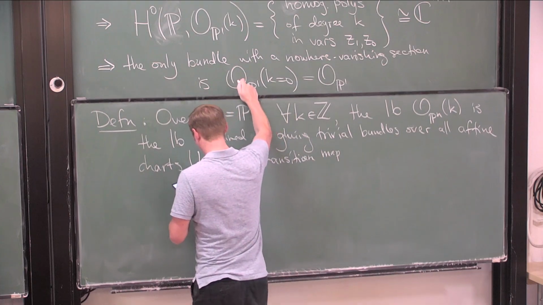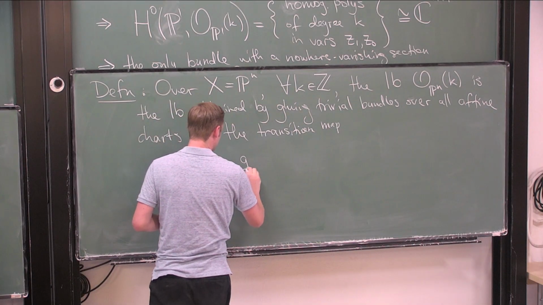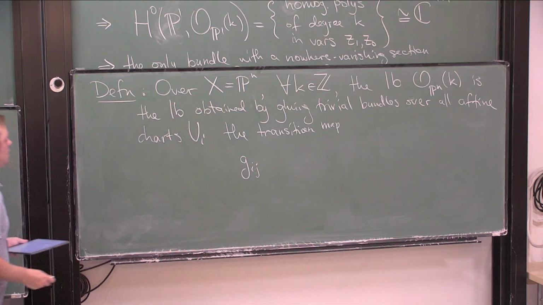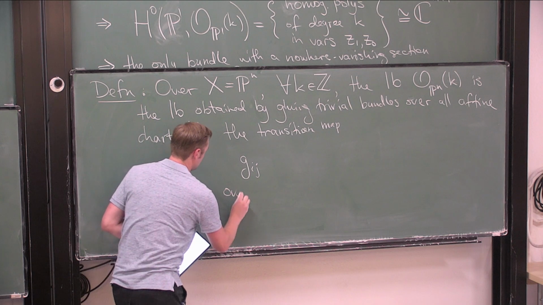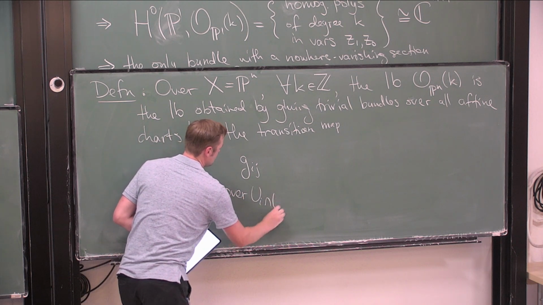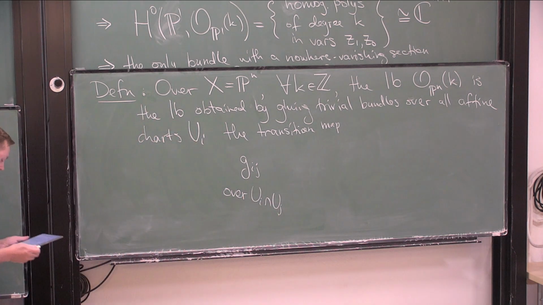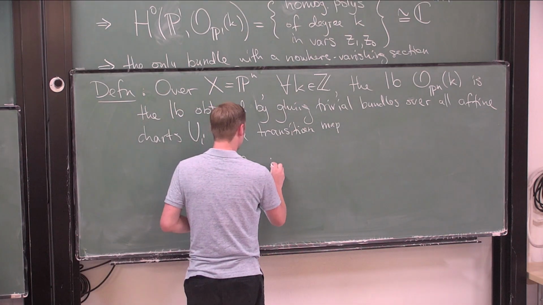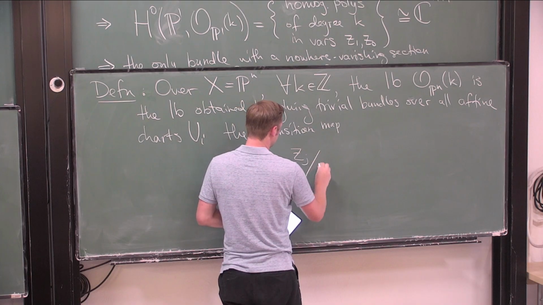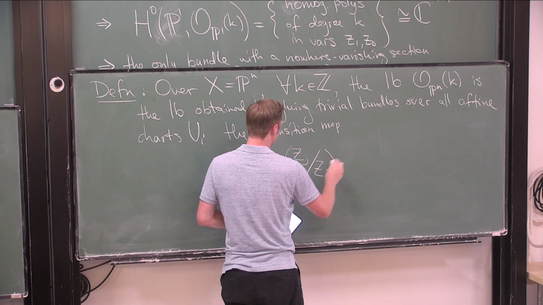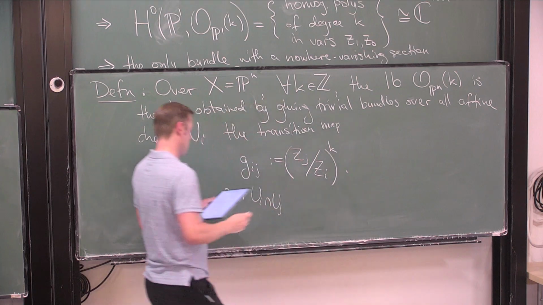So, for example, g_ij, over U_i intersect U_j, is, at least the way I normalize it, z_j over z_i to the power of k.